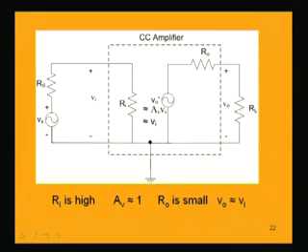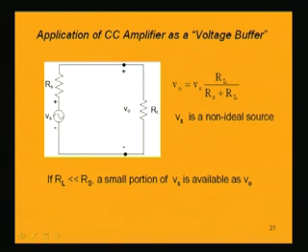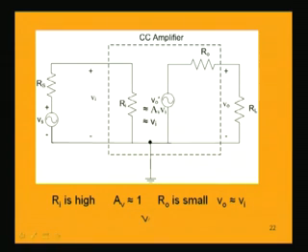Now what is Vi? Vi is the voltage available across Ri. Since Ri is a high value, whatever voltage we get here is almost equal to Vs, because Vi is Vs into Ri by Ri plus Rs.